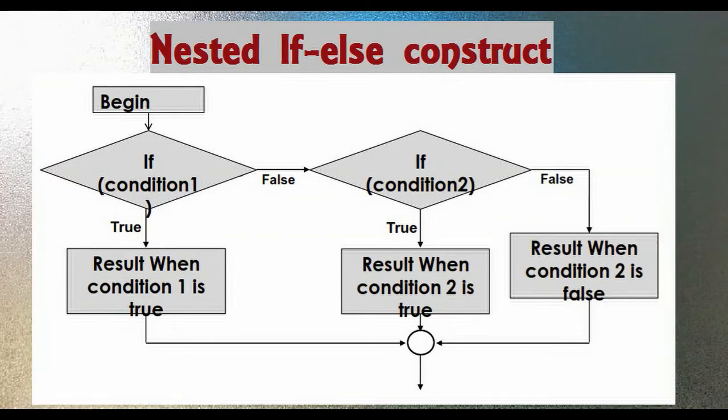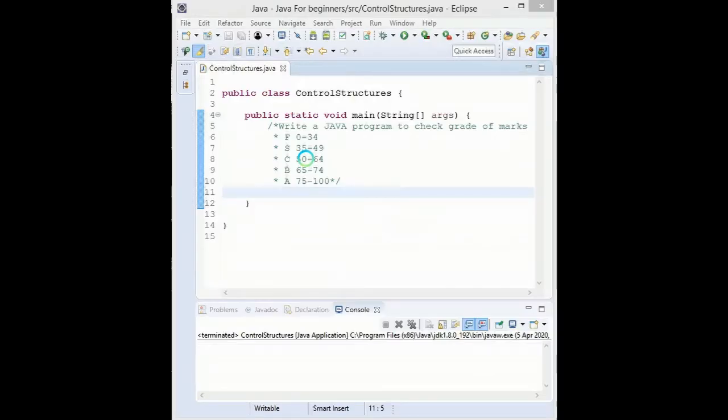Nested if-else construct. If we want to check more than one condition, this method can be used. It checks the first condition; if it is true, the program executes its statement. But the program will not check other conditions. If a condition is false, the program checks for the next condition. We will try an example.